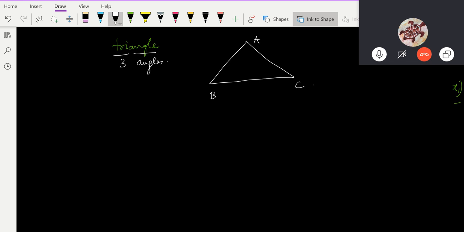From the name itself, we understand that there would be three angles and three sides, right? So we have to have some relationship between the sides and the angles so that we can calculate each one of them.